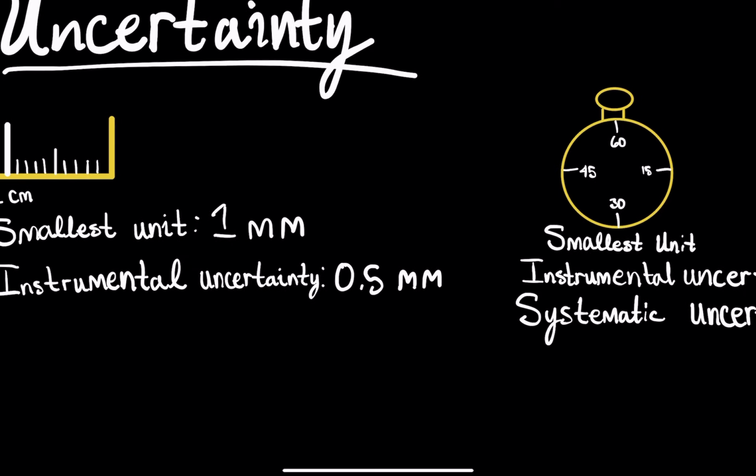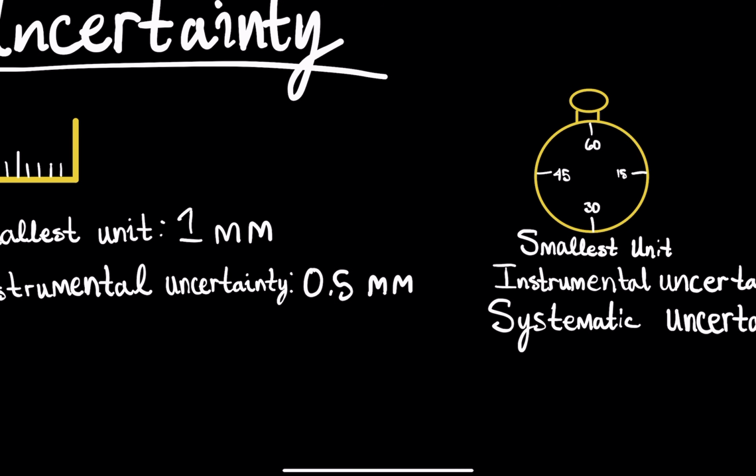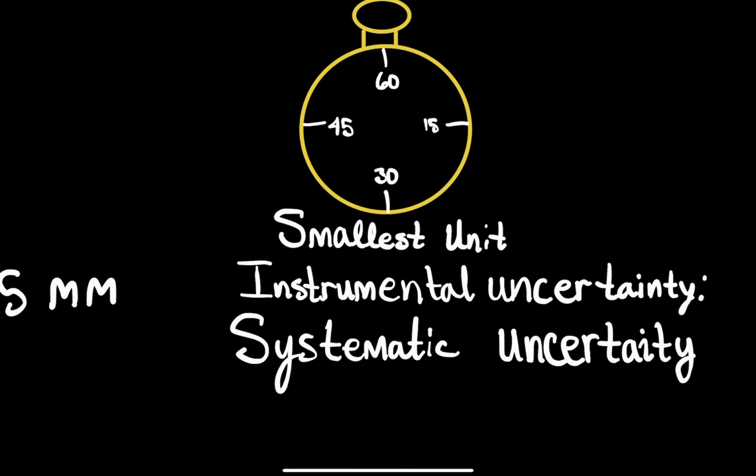Not all uncertainties come from an instrument's precision. Some come from consistent biases, and these are called systematic uncertainties.